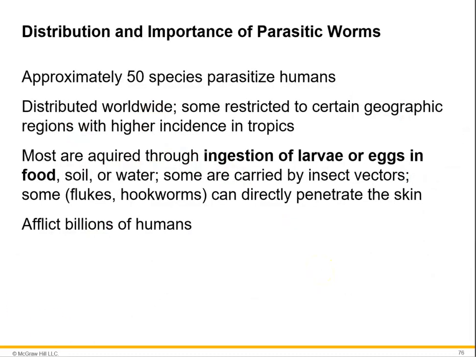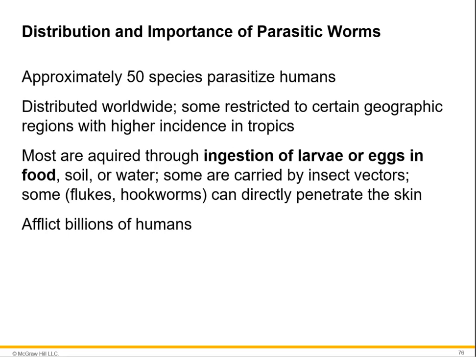Okay, about 50 different species of worms parasitize us. These worms are distributed all over the world. Some are going to be restricted to certain geographic regions. Generally, a higher incidence of helminth infections is seen in tropical areas.